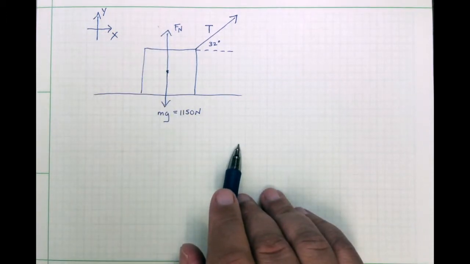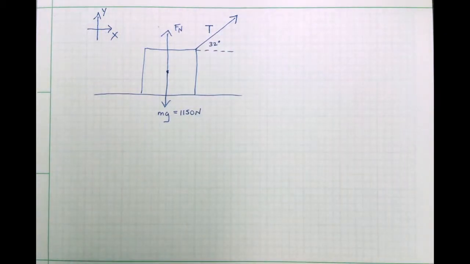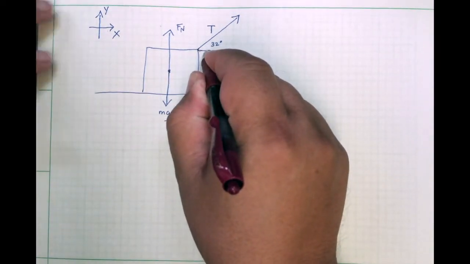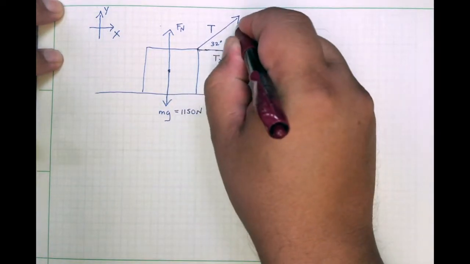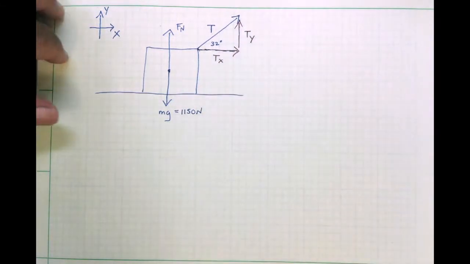They do not need to be broken up into components. However, the tension force has both x and y components, and we can draw those as the horizontal component, Tx, and the vertical component, Ty.